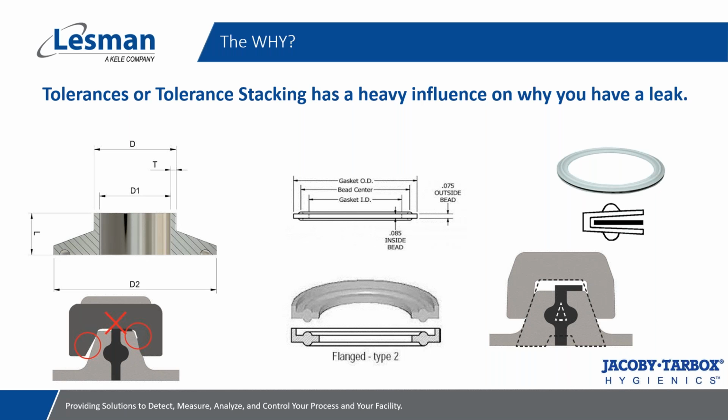And those tolerances, even though every one of those products was likely within the required tolerances by the manufacturer, as they are applied together, you start to get tolerance stacking. And now you're going to try to clamp all of these things together.